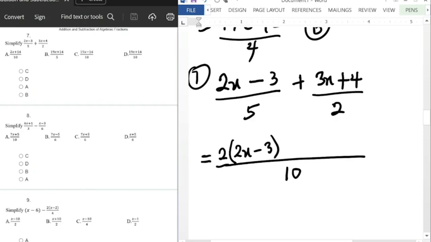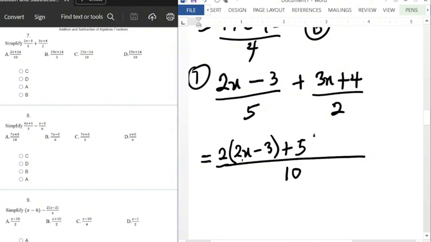Please don't skip this step. When you get to a particular stage in this process, you can multiply it out straight. But if care is not taken, you only use the 2 to multiply 2x and forget to multiply by 3. That is why you have to open this bracket, so that we do not forget. Plus 10 divided by 2 gives 5.